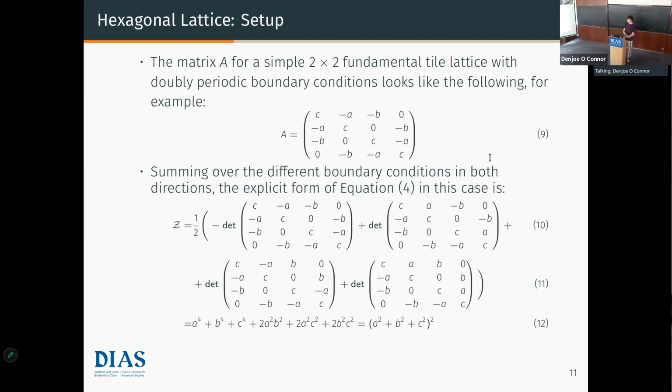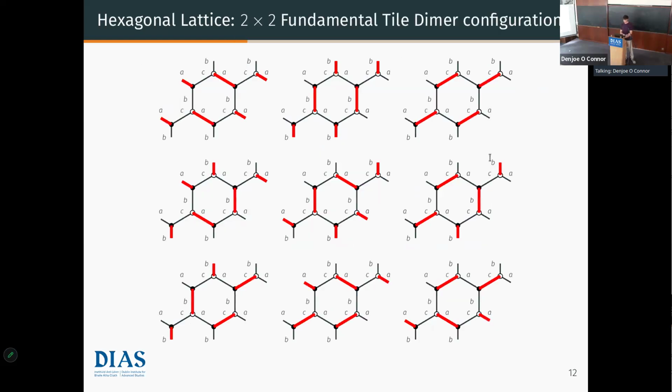So what do these look like? You can see we have 3 where they're all the same type of dimer, and then there are 6 configurations where they're mixed. So you can see here the different types of configurations. In the top left, they're all just A-type dimers, then B-type dimers, C-type dimers, and then all the different mixings are at the lower end of it.